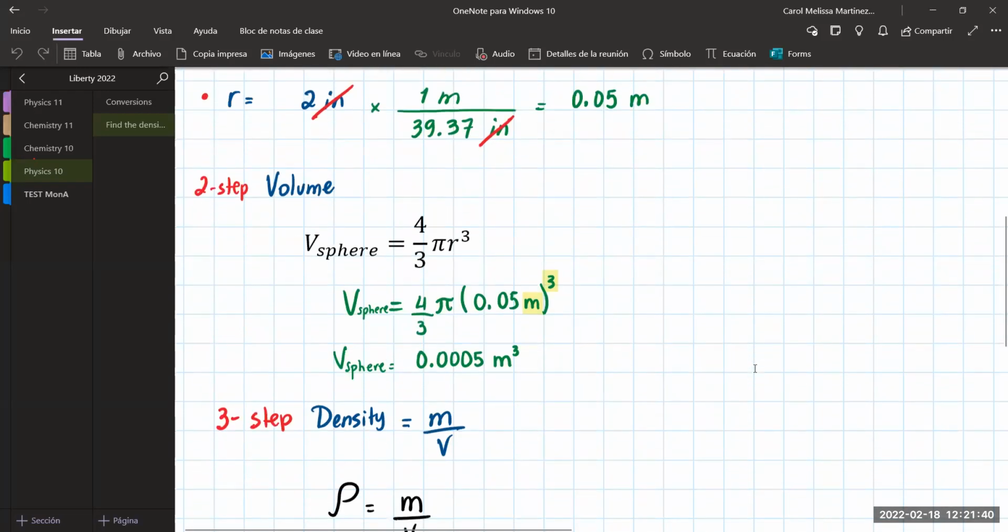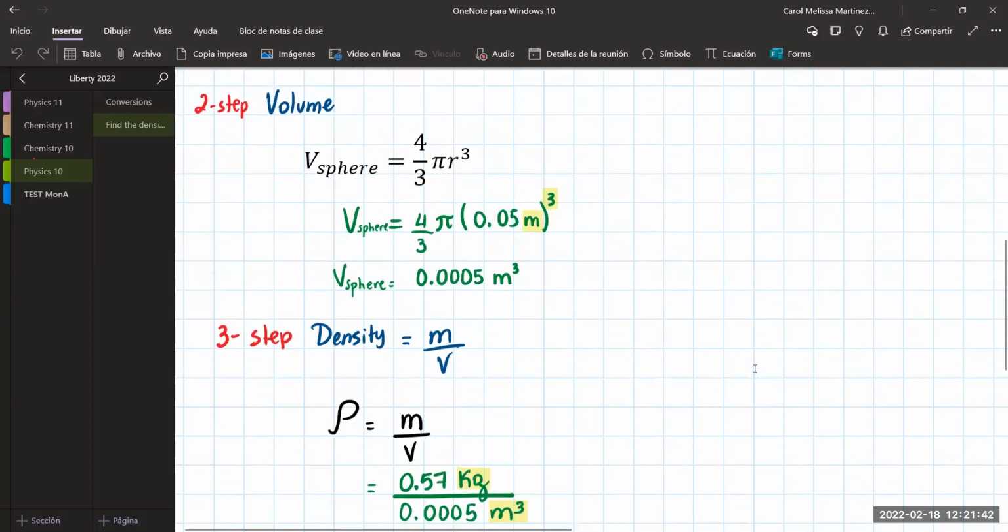From this exercise, do you want me to explain something more? Did you understand all the exercise? You can write in the chat if you have a doubt.